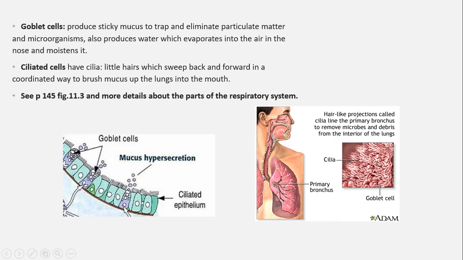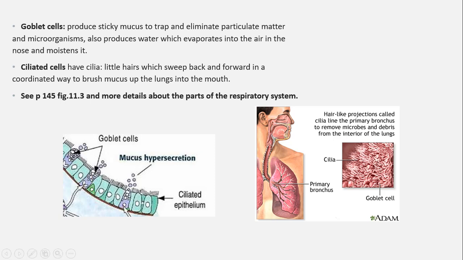And you see cilia, they waft mucus out. They get it up because mucus should not accumulate inside your body. If mucus stays, it is a good environment for bacteria to reproduce, and it may cause many diseases. On the other hand, it may block the air from getting in or out, so it affects the process of gaseous exchange or diffusion. So mucus should be removed out of the respiratory tract by ciliated cells.